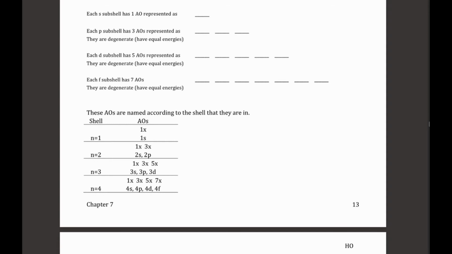We have to picture the rows as having different kinds of seats in them. Some are like love seats, some are regular sofas, some are extra long sofas, and so on. So those are like M sub L. So the quantum numbers, the first 3, the N, the L, the M sub L, describe the atomic orbital.